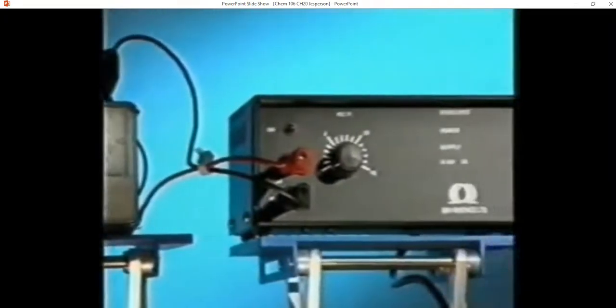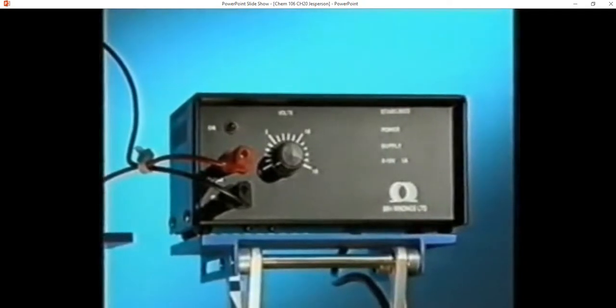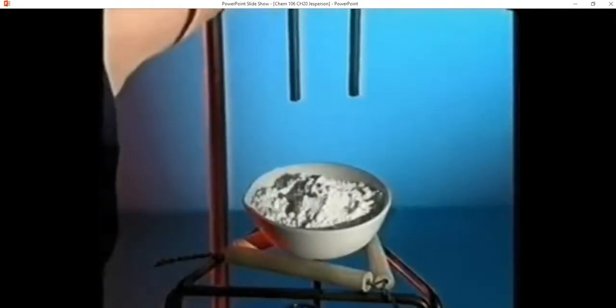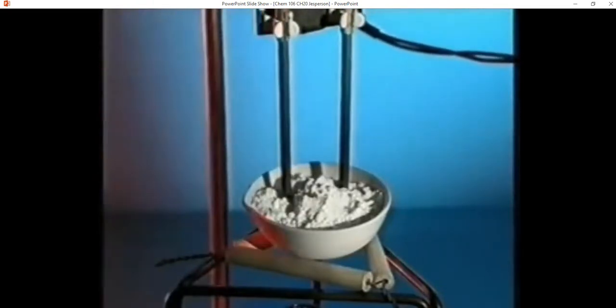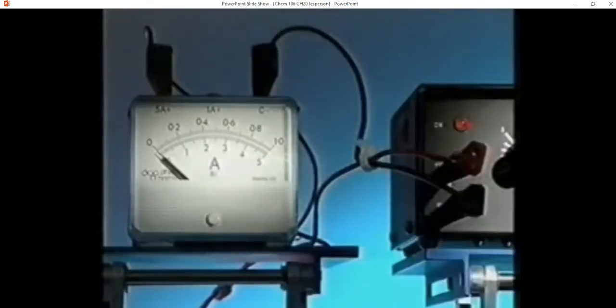A circuit is set up using 2 carbon electrodes, an ammeter, and a power supply. The white powder is lead bromide. Switch on the power supply, and nothing happens. The ammeter reads 0. Solid lead bromide doesn't conduct electricity.